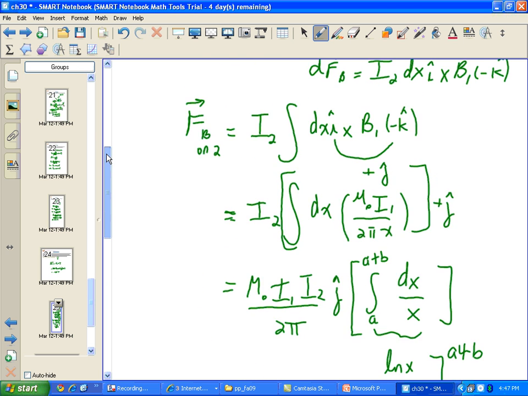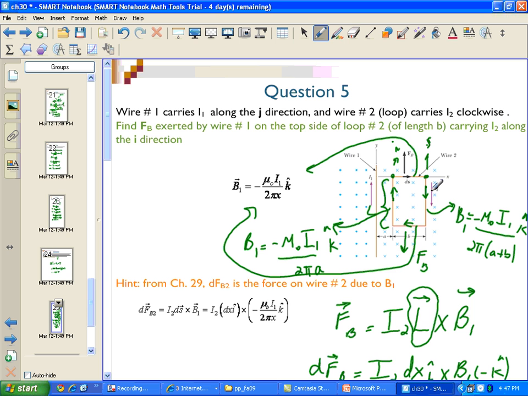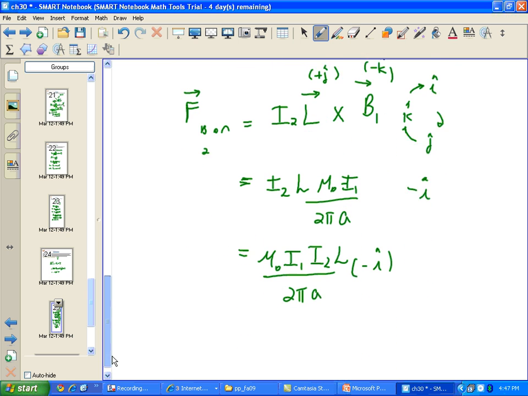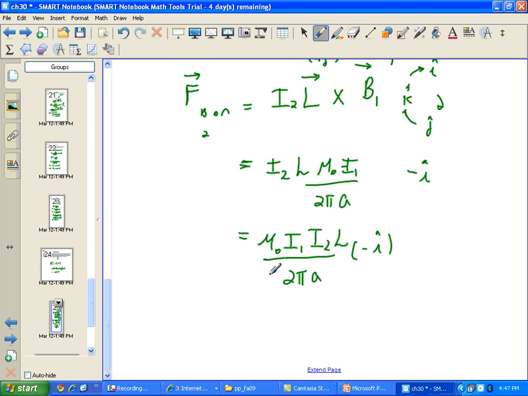If we come back over here and notice that this time our current is in the minus j hat direction, we do the same thing, except this time, instead of positive j hat, we are in the minus j hat direction. B1 is still minus k hat. So this time we're going to cross minus j hat with minus k hat.